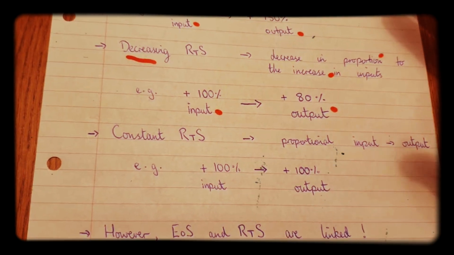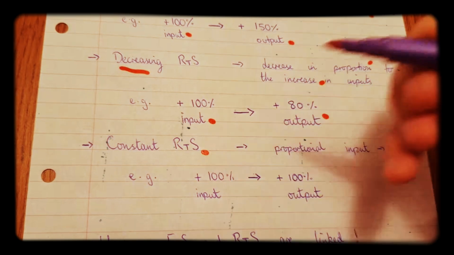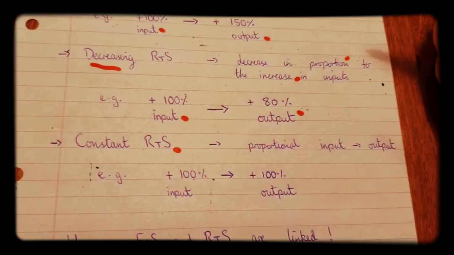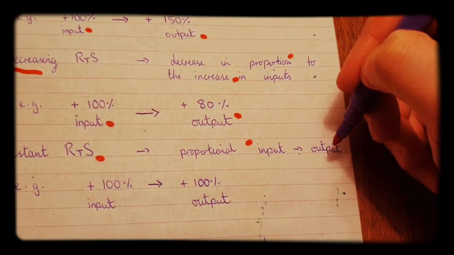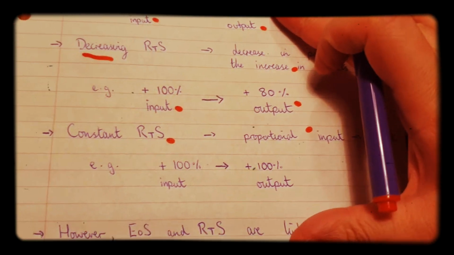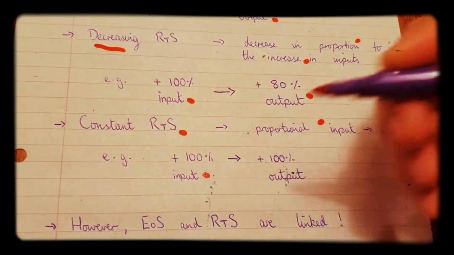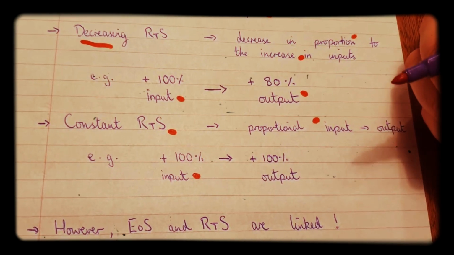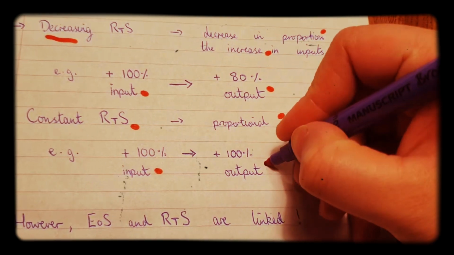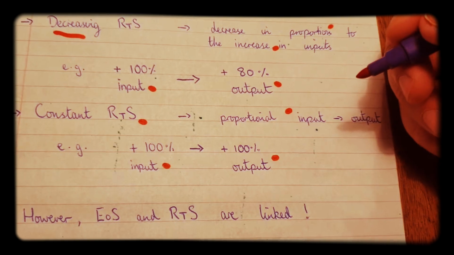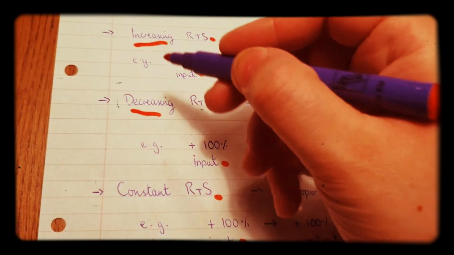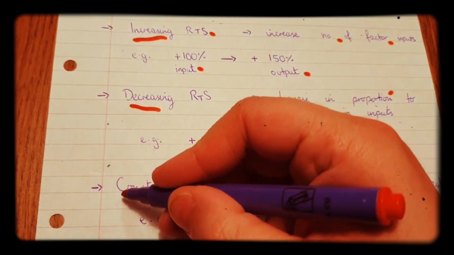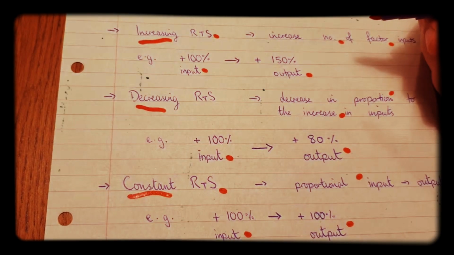And we have constant returns to scale. This is where there is a proportional input-output relationship. So an extra 100% in inputs results in an extra 100% in outputs. So we have increasing, decreasing, and constant returns to scale.